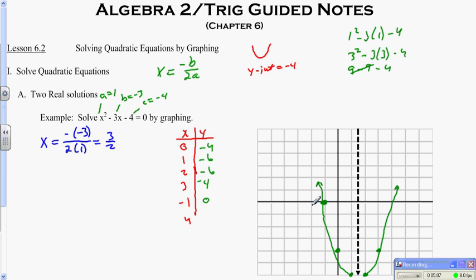If we plug in a 4, we're going to get a 0. And by this, then, we know that our solutions are x of -1 and x of 4. This is a nice graph because it works out that the coordinates for the intercepts are integers, and we have a nice simple answer.